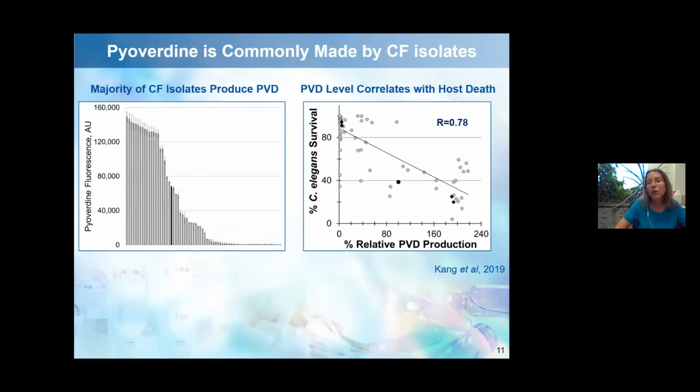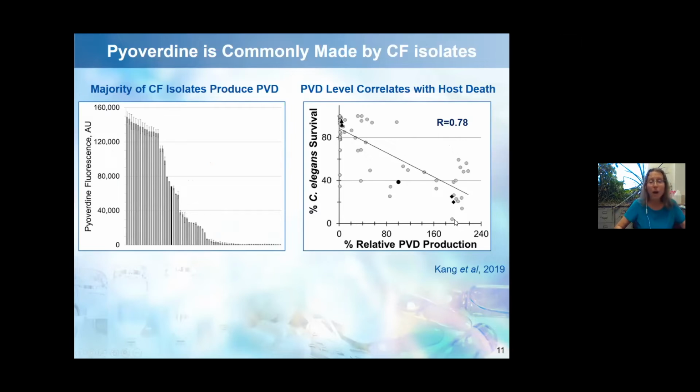From our collaborator, we obtained a number of isolates from the sputum of pediatric patients with cystic fibrosis and tested them for their ability to produce pyoverdine. We noticed that pyoverdine production levels vary from very high to nearly non-existent, with our lab strain being somewhere in the middle. But next, we also looked at the ability of these strains to kill C. elegans, and we observed a strong correlation.